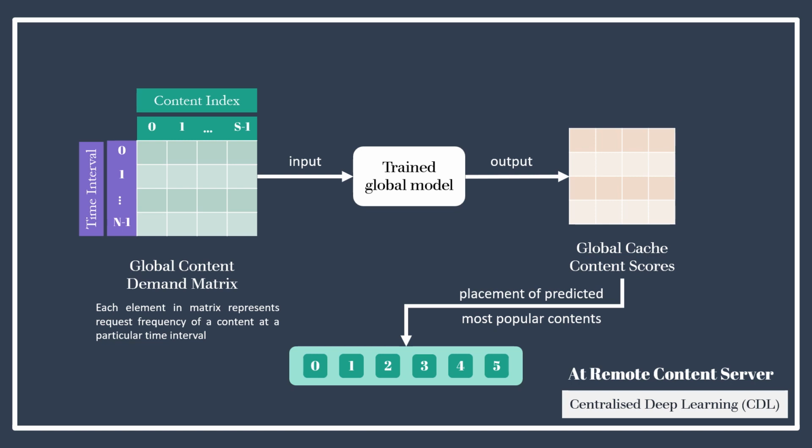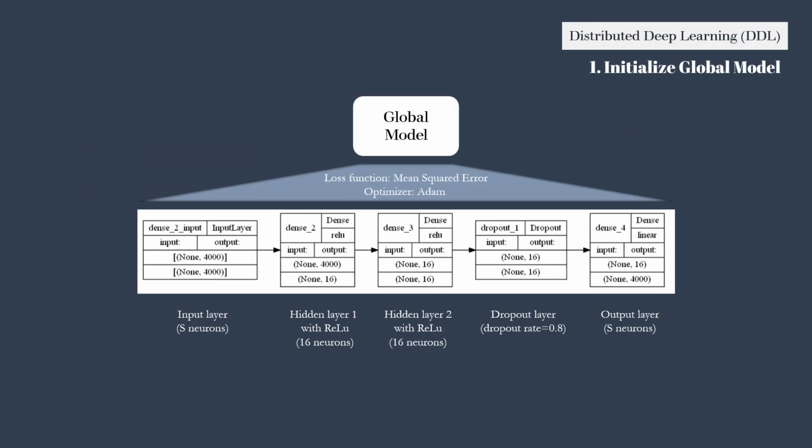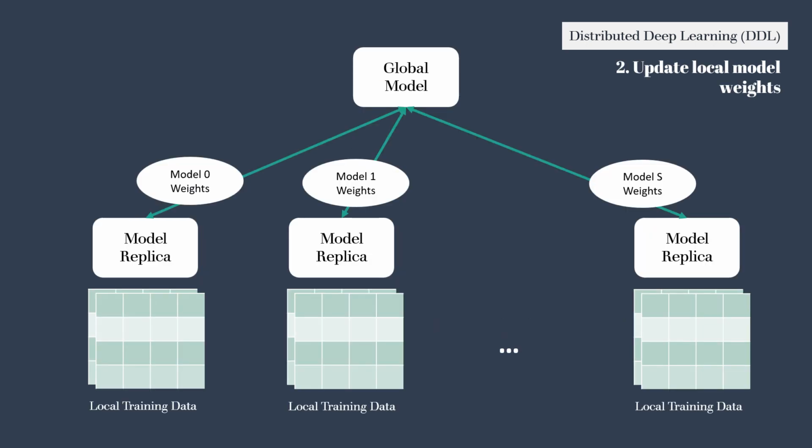The remote content server collects content demand statistics from the whole network, centrally trains a model and caches the predicted most popular contents. Now for the proposed strategy, a feed-forward neural network with 2 hidden layers and a dropout layer was initialized as the global model. The global model is then sent to the MEC servers, and the MEC servers each execute a complete pass on their local dataset.